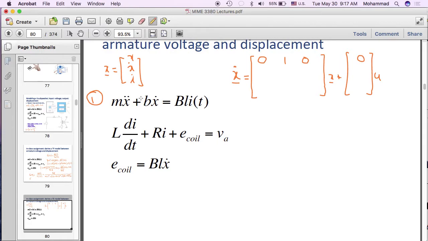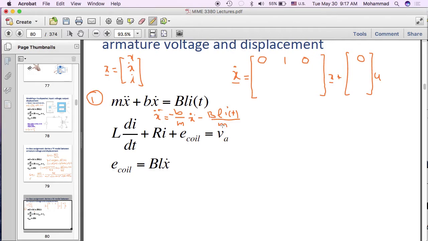This equation says x double dot is equal to, if you take b x dot to the other side, minus b over m x dot minus b l I of t over m.